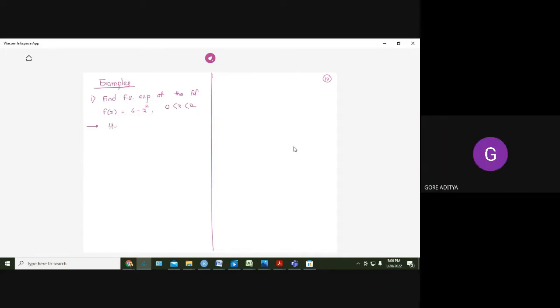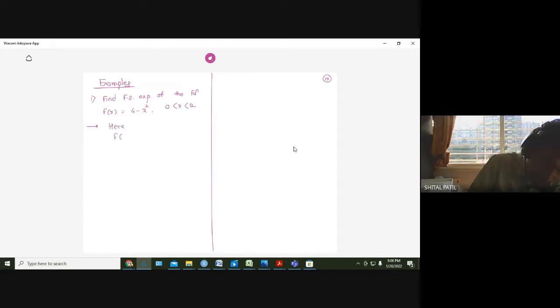Here, f of x equal to 4 minus x square. The midpoint of the interval is different from x equal to 0.